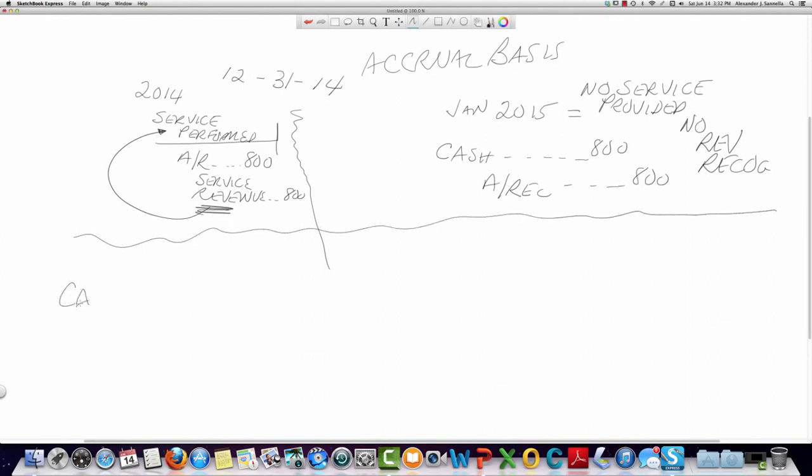If this was a cash basis, once again, even though services are performed here, there'd be no revenue, because no cash is collected.